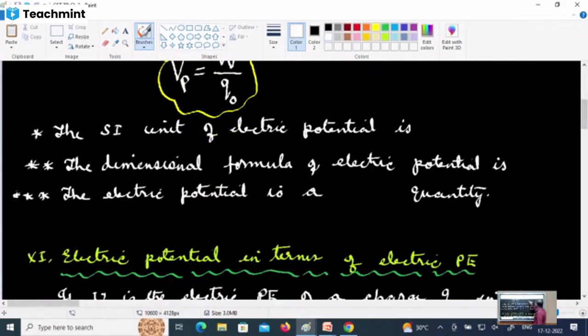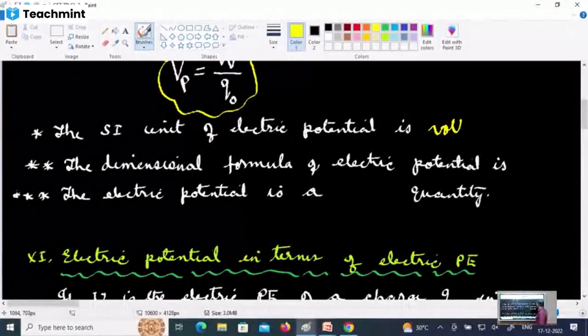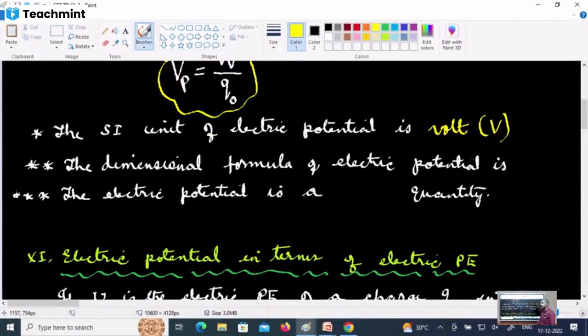This goes without saying. The SI unit of electric potential is of course volt. ಇದನ್ನ capital letter V ನಲ್ಲೂ ಕೂಡ ಬರಿತೀವಿ. The dimensional formula of electric potential is M L squared T to the power of -3, A stands for current, A to the power of -1.